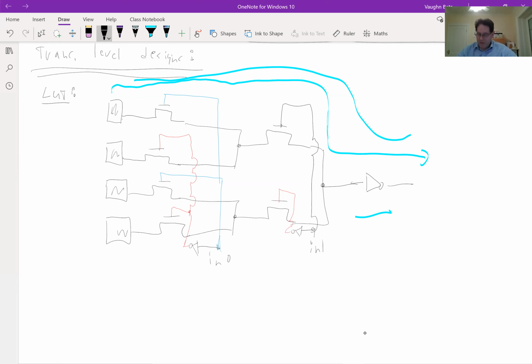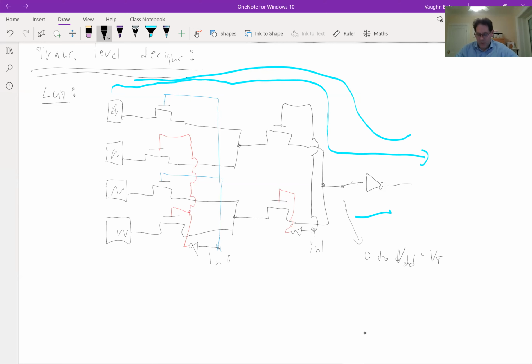Yeah, the other thing I'm missing is level restoration. So remember, a pass gate passes a logic 0 fine, but this signal will range from 0 to VDD minus V threshold. So we don't get a clean 1 out of it.